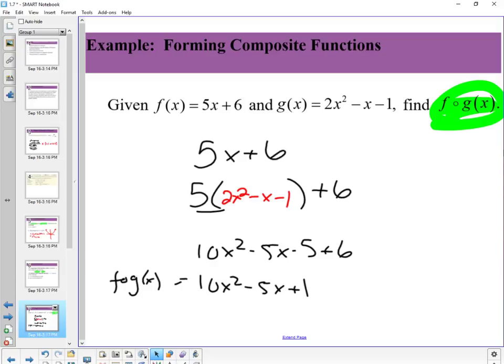Let's find out. Yeah, it would be different, guys. F of g is not the same as g of f, so don't get that confused.